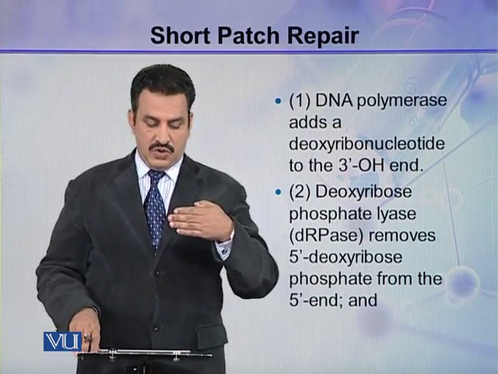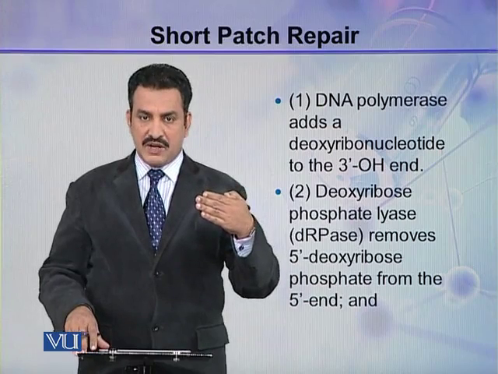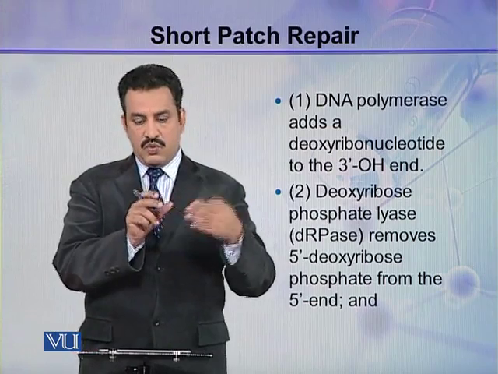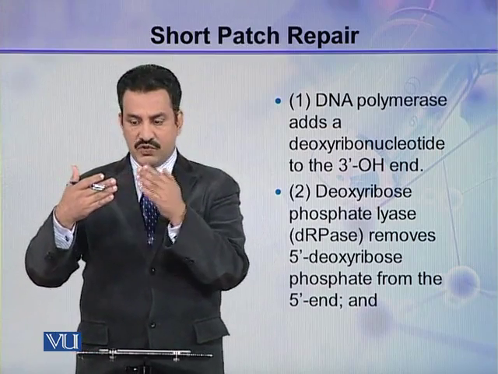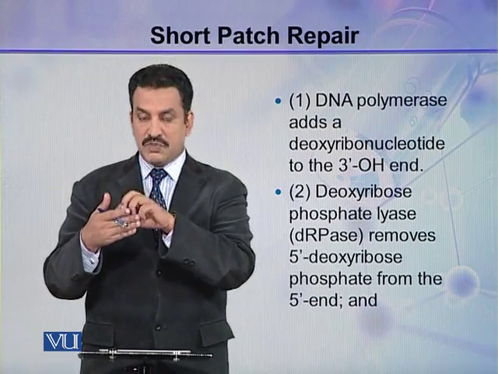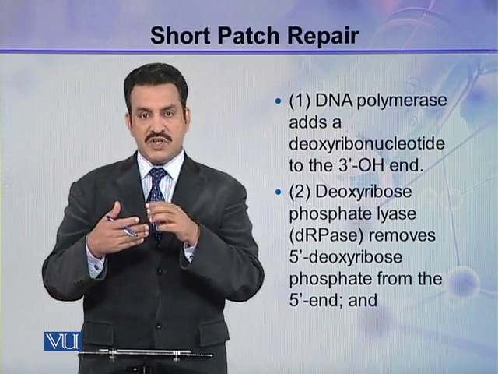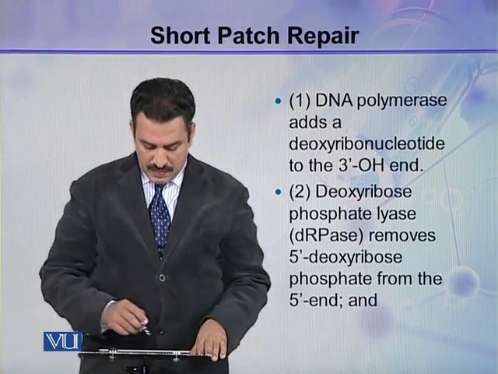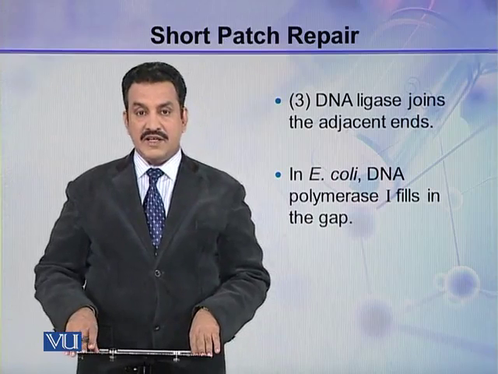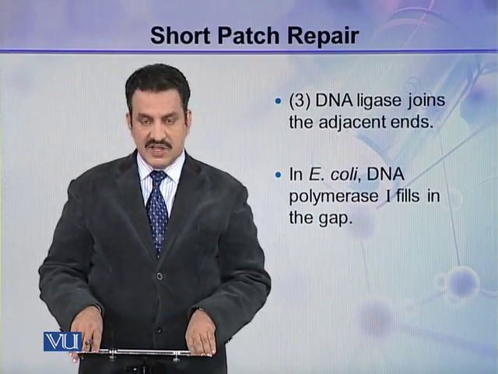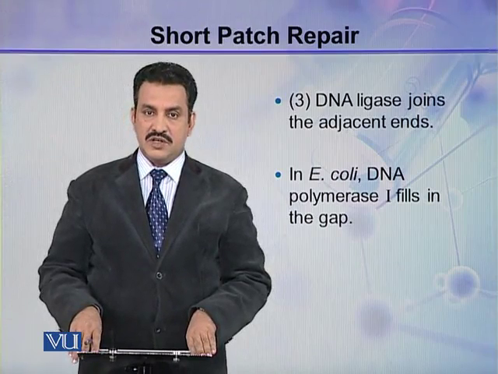So on the 3' hydroxyl side, one new nucleotide has been added, while on the other side of the strand, which is the 5' side, this deoxyribose phosphate must be removed. So the second step is the removal of this deoxyribose phosphate. And in the third step, the DNA ligase joins the adjacent ends.